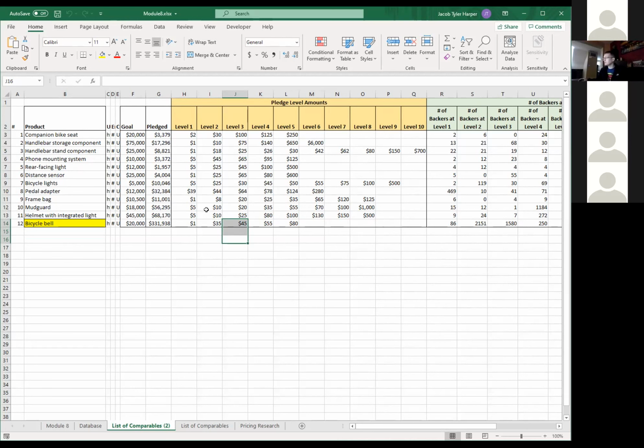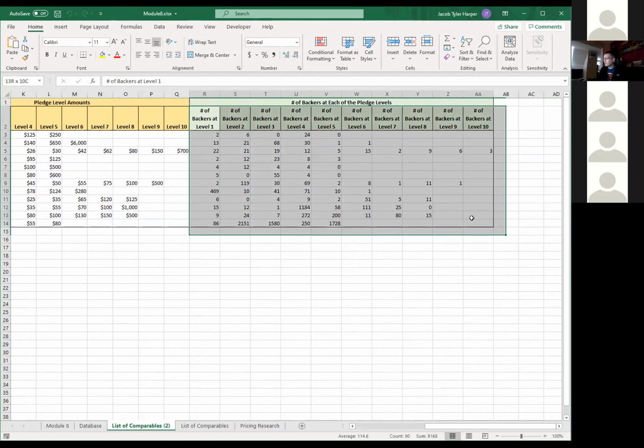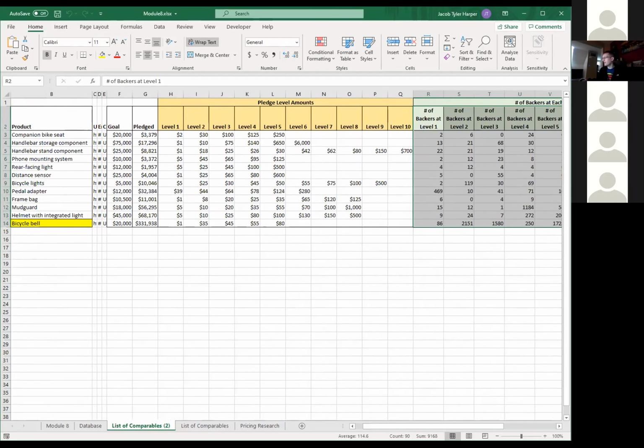And as you can see, each one of these products has a different amount of levels based on this reward system in their project. And then over to the right, we have the amount of people that gave this amount of money. But it's a little bit trickier than that. So once again, let's look down here. We see that there's 86 people at level 1. That doesn't necessarily mean 86 people gave $1.